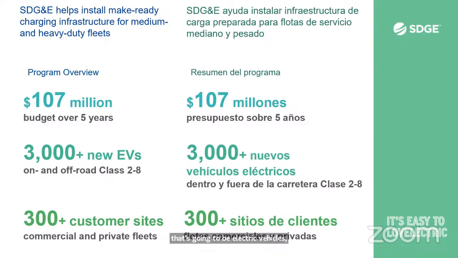On the smaller side, you're going to see those electric F-150 Lightnings and the Rivian R1T for on-road vehicles, all the way up to those class 8 transit trucks and drayage trucks. We also permit off-road vehicles, such as electric forklifts and any type of yard support equipment, within this particular program.